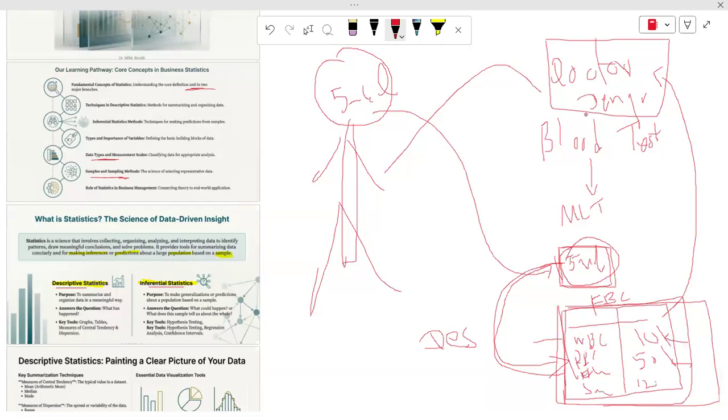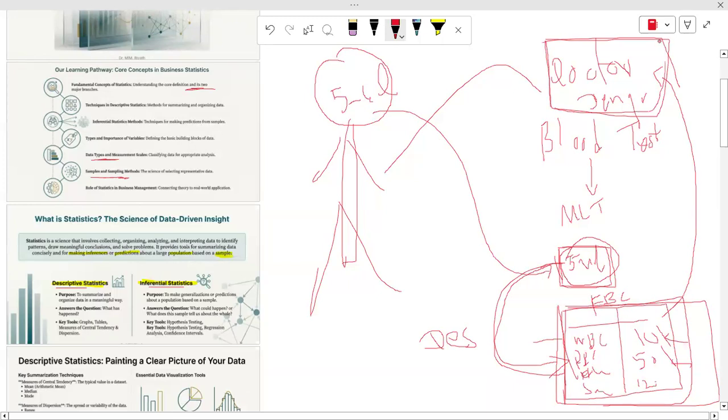He comes to this conclusion based on the sample, and finally concludes that we have dengue positive. He generalized that this 5 ml report will infer for the whole population, right? So this is called what?